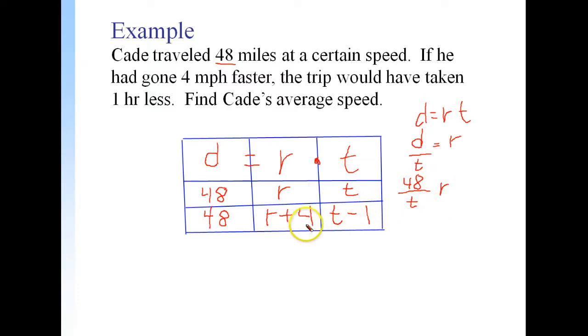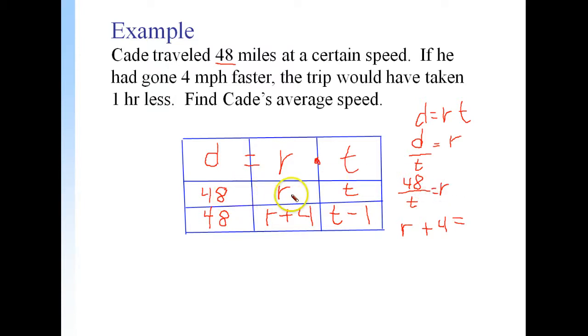Now, what is r here? Well, r plus 4 is my rate, and that's what I'm setting this up as.